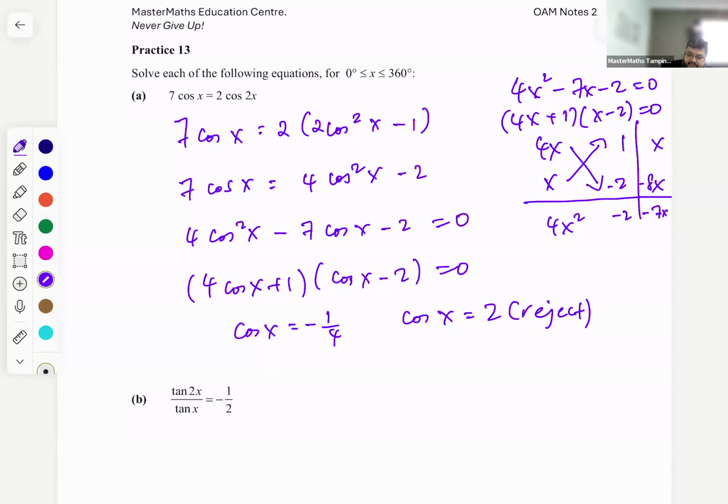Give me the answer. 75.5? Wrong. Because you're getting the alpha. Cos is positive in the first quadrant, so you should take 180 minus it. You cannot give me 75, I'll mark you wrong.